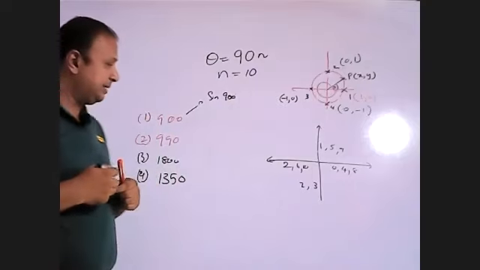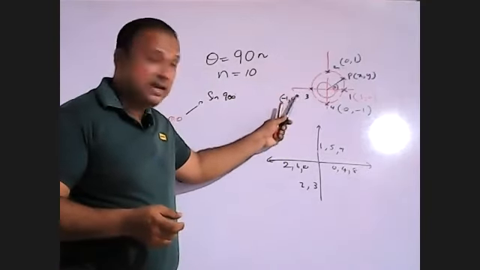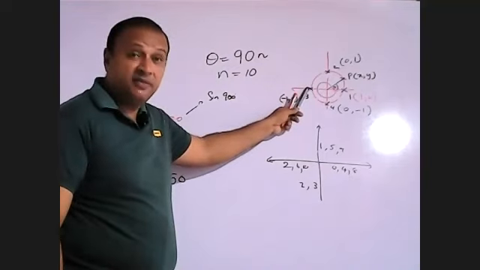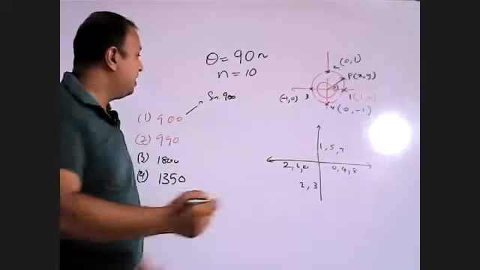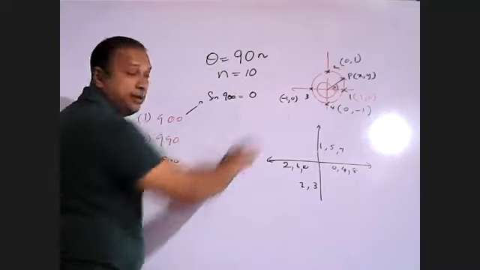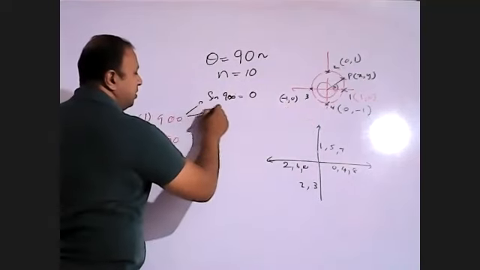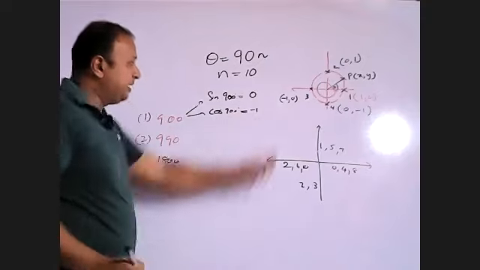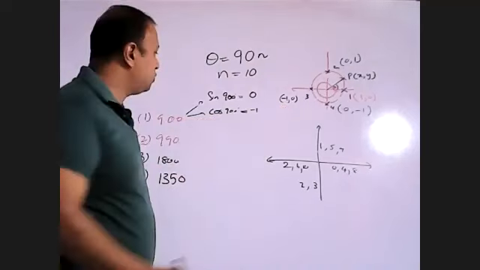If you consider the unit circle, what is the coordinate of this point on the negative side of the x-axis? -1, 0. Therefore, sin 900 is equal to 0 because the y value is 0. Cos 900 is equal to -1 because the x value of this coordinate is -1.